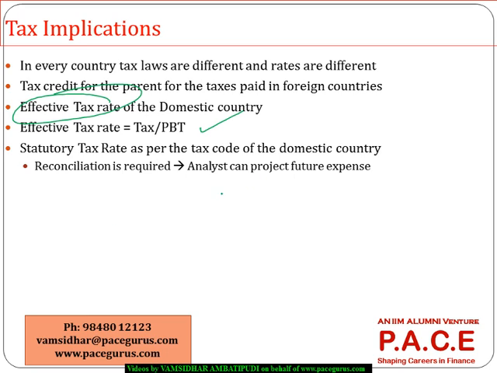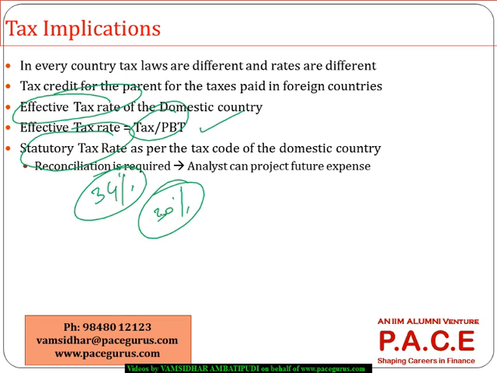So the effective tax rate comes purely from the tax shown in the income statement divided by the profit before tax, whereas the statutory tax rate is, okay, the corporate tax rate is 34% or 30%, whatever is defined as per the jurisdiction of operation. That is the statutory tax rate.